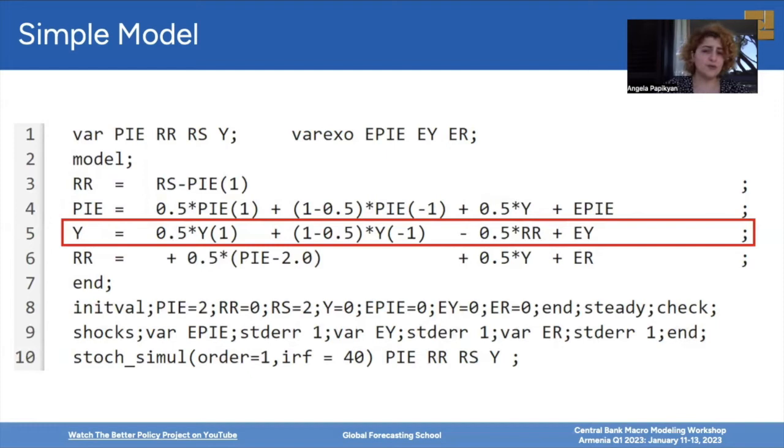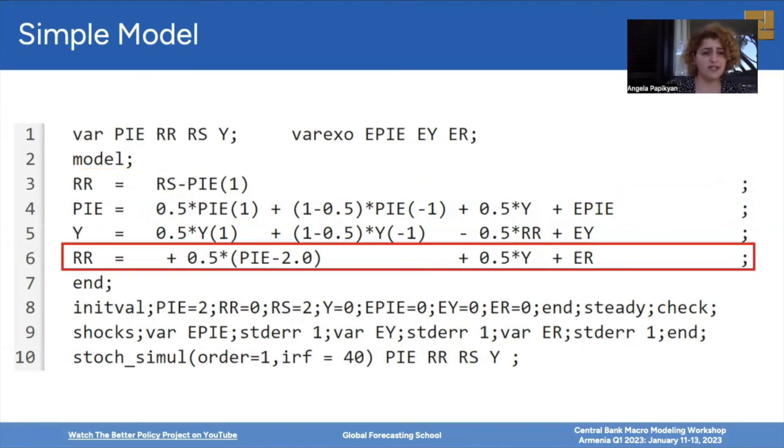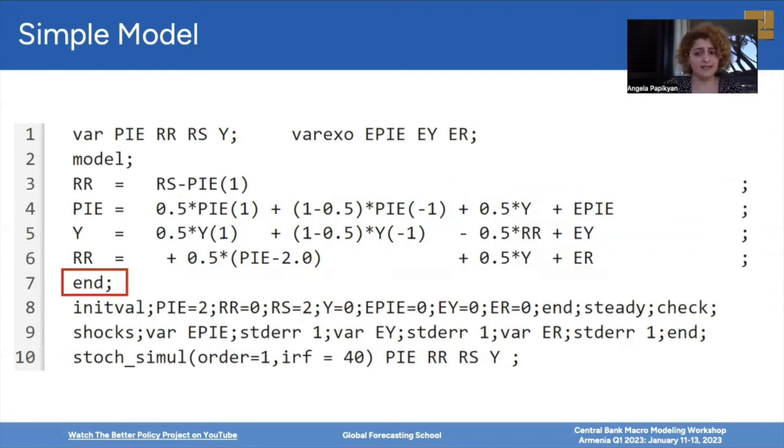Of course, in our model, we are defining real interest rates as the difference between nominal interest rates and inflation. And last but not least, we have the monetary policy reaction function, which is a function of the deviations of inflation from its target, output gap, and the shock. To finish the description of our endogenous variables, you need to write end command and semicolon, of course.